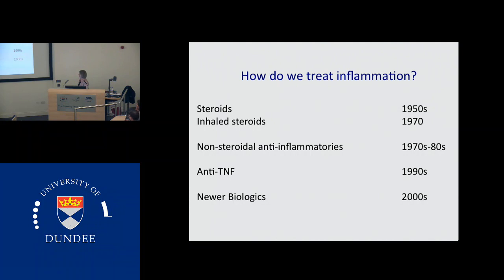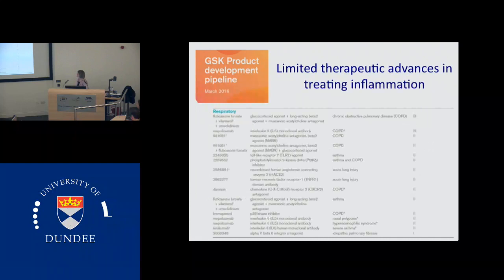Anti-TNF has turned out to have a very important role in rheumatoid arthritis, but is ineffective in other common inflammatory conditions. And also the newer biologics, although many of them are showing efficacy in rheumatology and some other inflammatory conditions, none of them yet has really had significant impact on major chronic lung diseases.